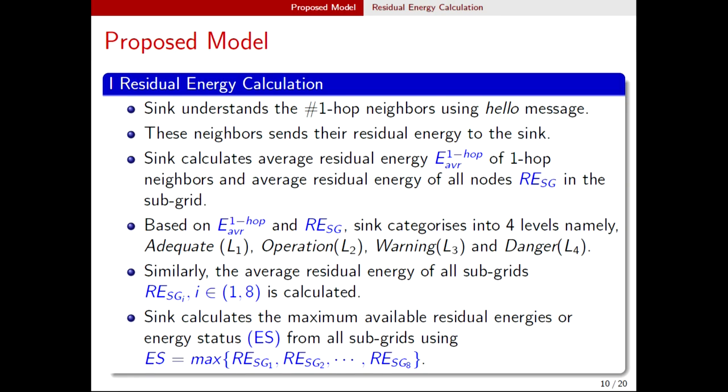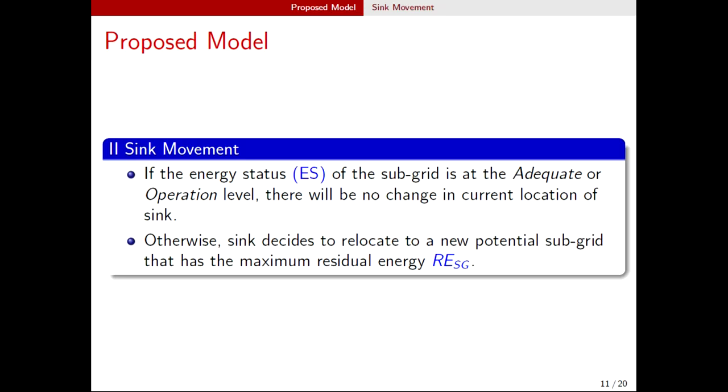Once the residual energy is calculated for each subgrid, the maximum of these is computed. This is called the energy status. The energy status of the maximum of the 8 subgrids will be taken, and based on this energy status, the sink will decide whether to move to some position or not.